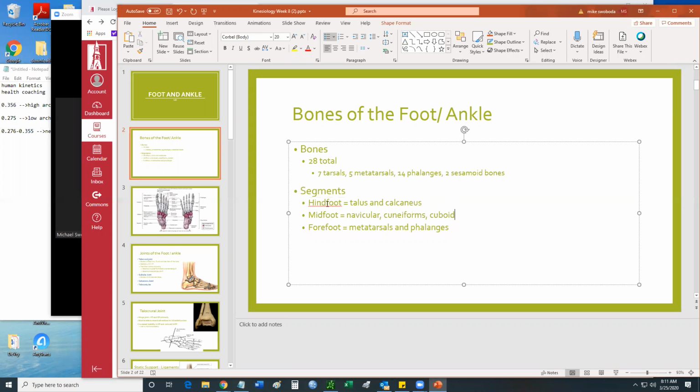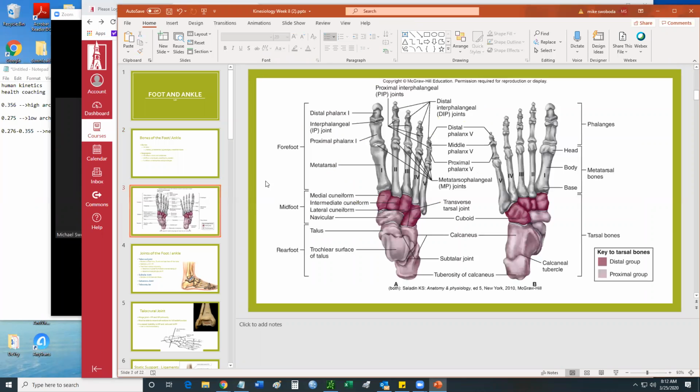So your hind foot would be the same thing as your wrist itself, like your actual wrist bones. Your midfoot is primarily like the bottom of your palm. And then the forefoot would be the majority of your palm, plus all your fingers. That just gives you a comparison.